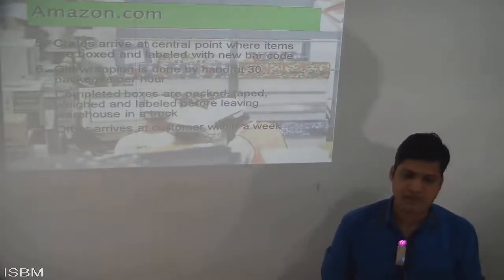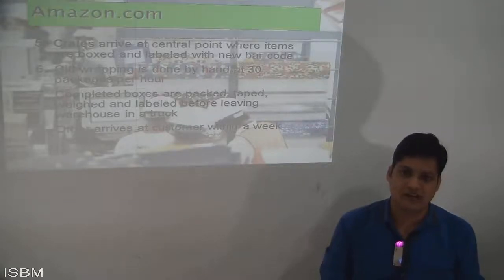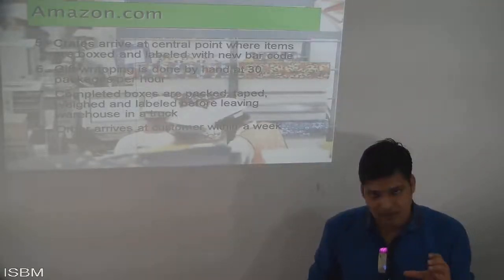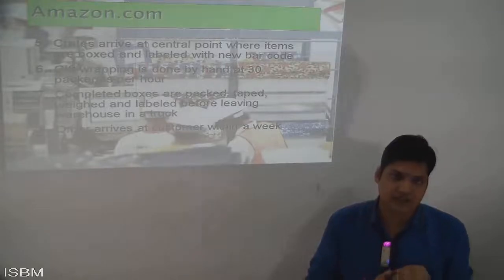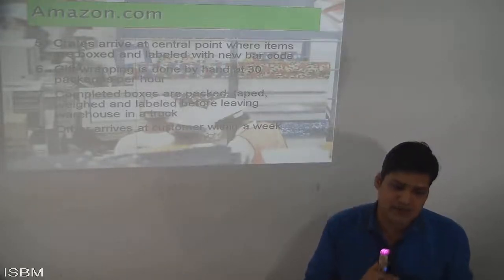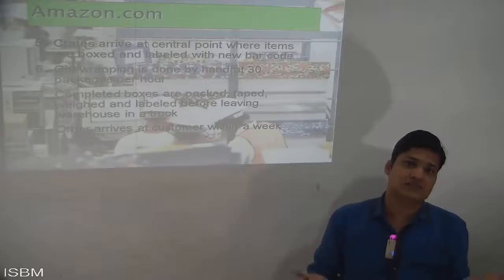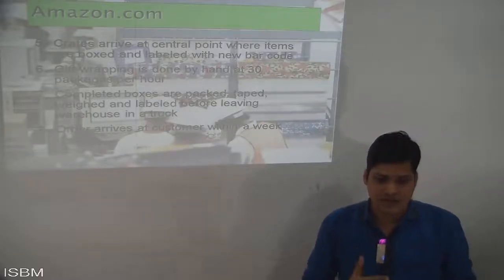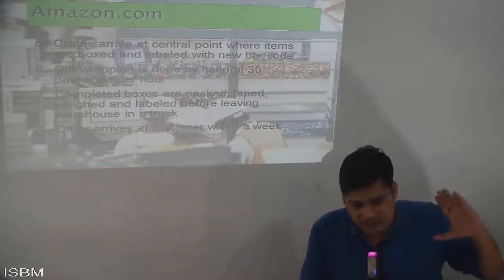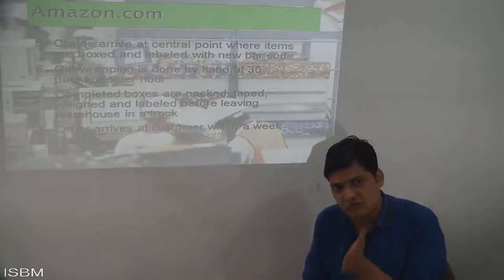Completed boxes are packed, taped, weighed and labeled before leaving the warehouse in a truck. So when the packaging has been done, the label has been done, the weight has been done, and the barcode has been done, the product goes to the warehouse by truck.